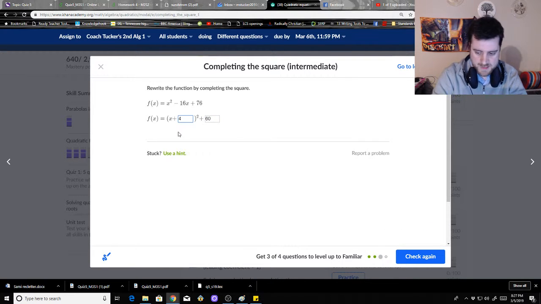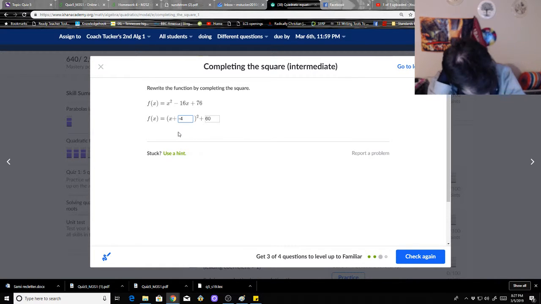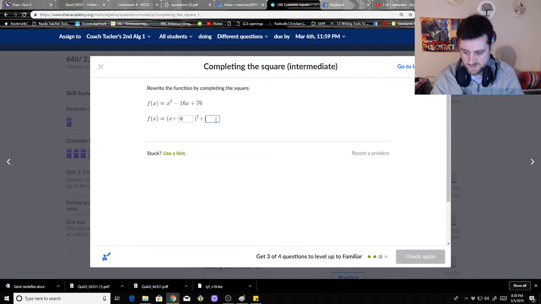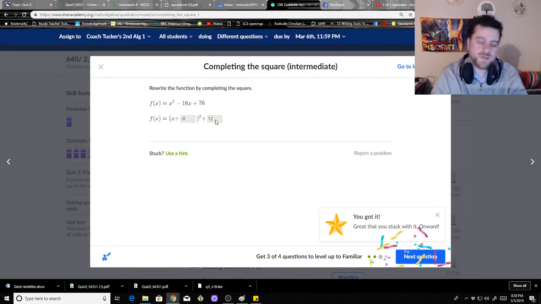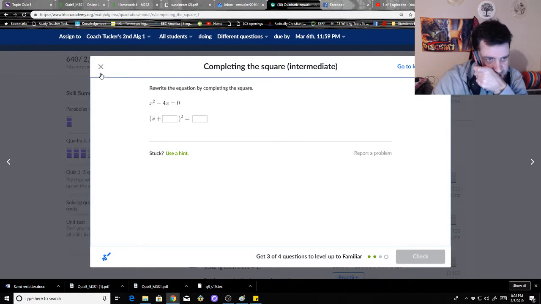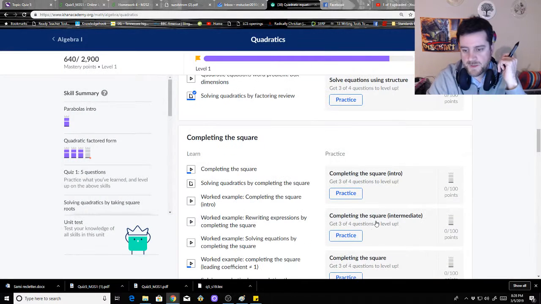I think it is 60. Half of 16 is 8. 8 squared is 64. We would subtract 64, so it's 12, I believe. Yeah, there we go. This one's just like number 1. Take half of 4, square it, which is positive 4, and add 4 to both sides. All right, we're going to move on.